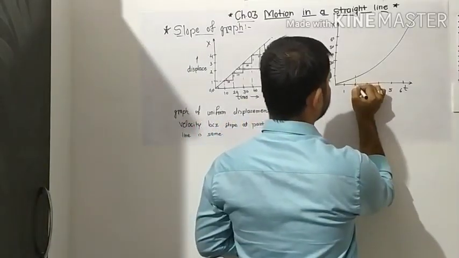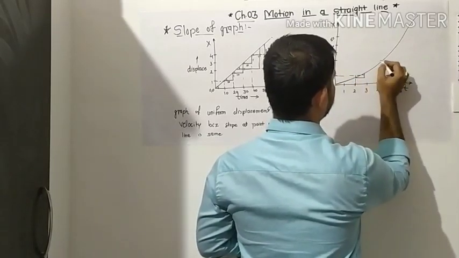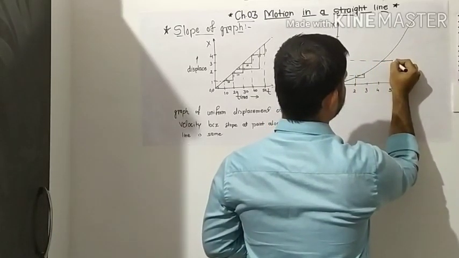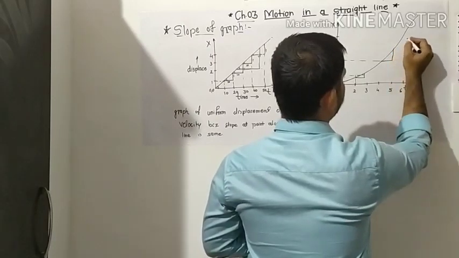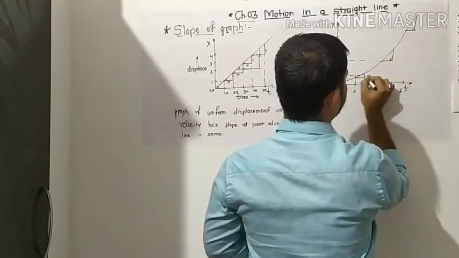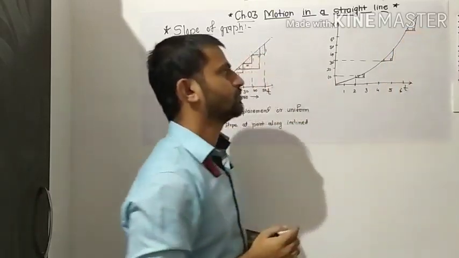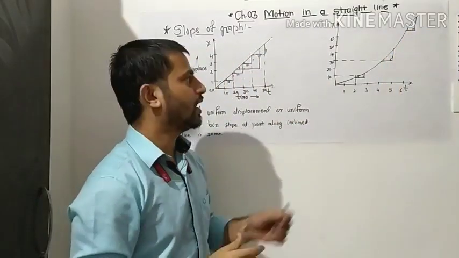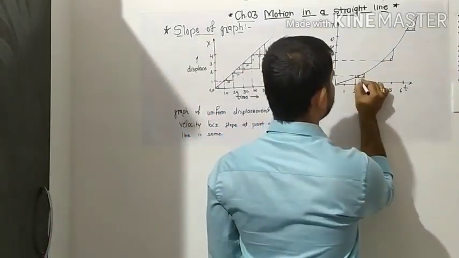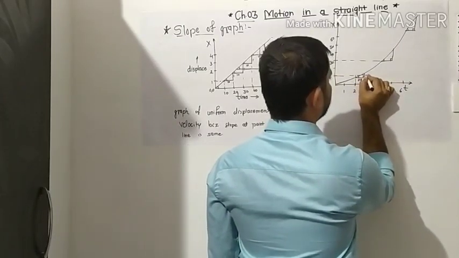So if we find out the slope at any point along this graph, for that purpose we have to take one line here. Suppose at this point we draw this line, and from this we draw one perpendicular. Then if we find the respective value of the slope, suppose this is 0.8, then this will be 3.